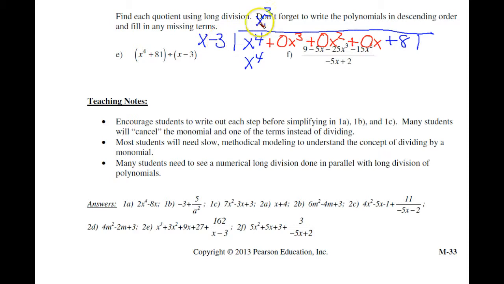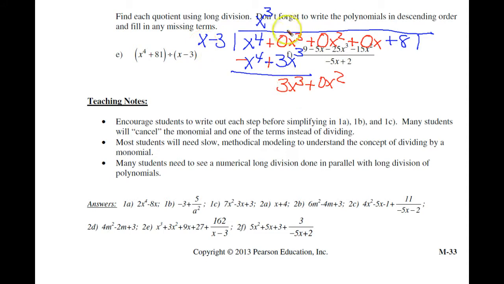And then 3 times this gives us a negative 3x to the third. Notice, otherwise I wouldn't have a place to put this. So we put our line, change our signs, and this becomes 3x cubed plus 0x squared.